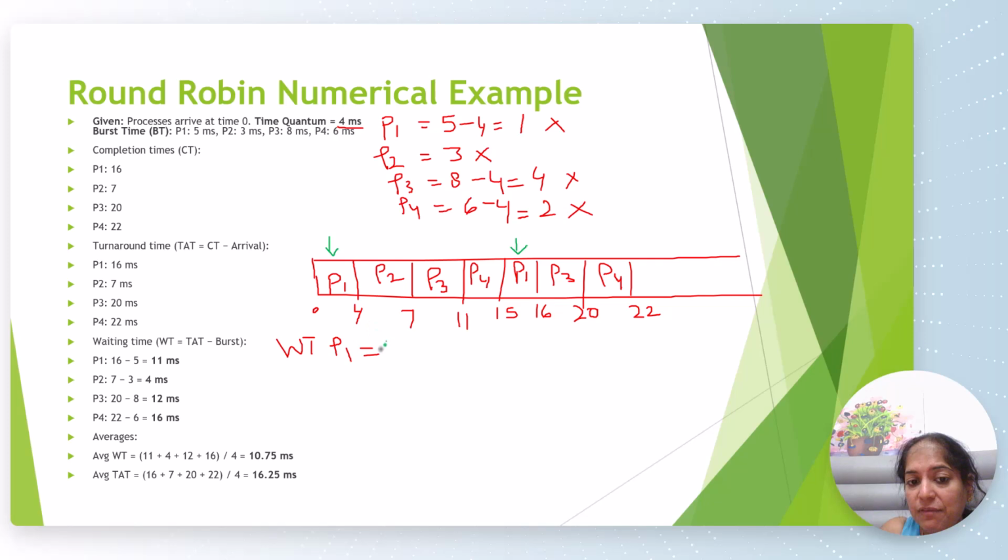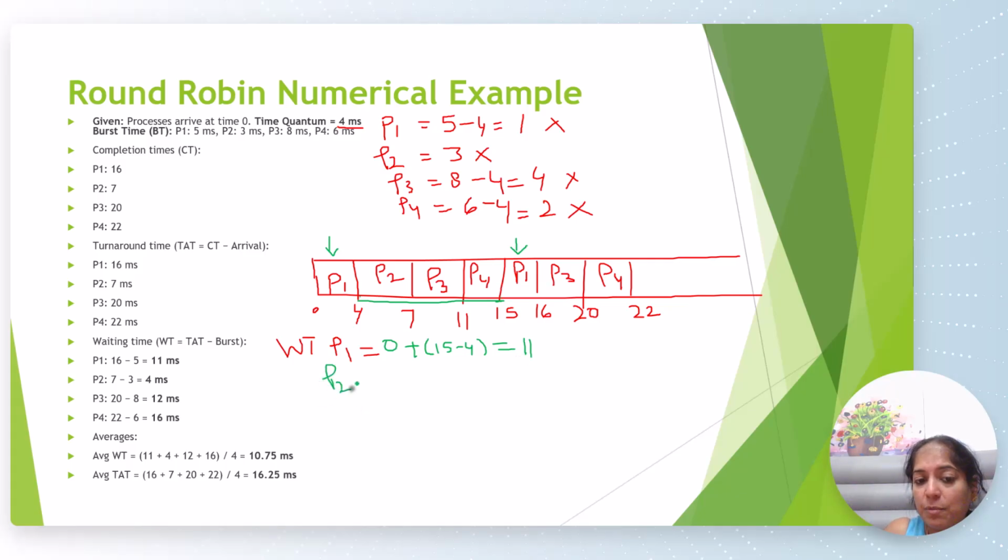At this point, it waited for 0 milliseconds. It completes at 4 and then it starts at 15. That means in this time, it is waiting for its turn, which is 0 plus 15 minus 4, which comes out to be 11. So the waiting time for process P1 is 11 milliseconds.